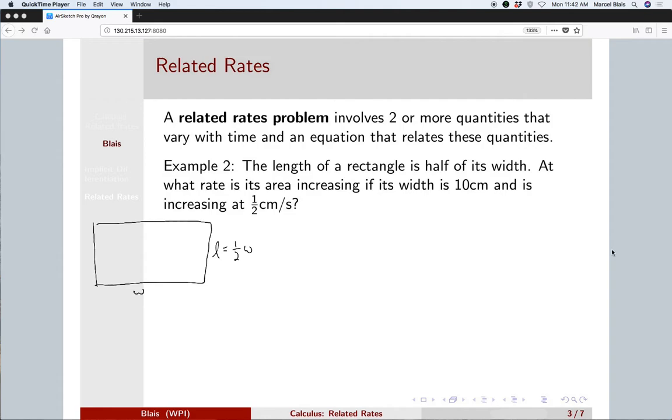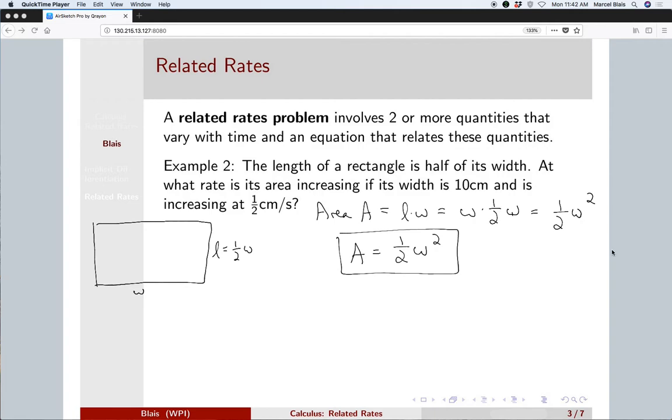And of course, we know the area, A, is length times width, or in this case, w times 1/2 w, or 1/2 w squared. So the key thing to recognize here is that we have defined variables to model the problem and then come up with an equation relating those variables.